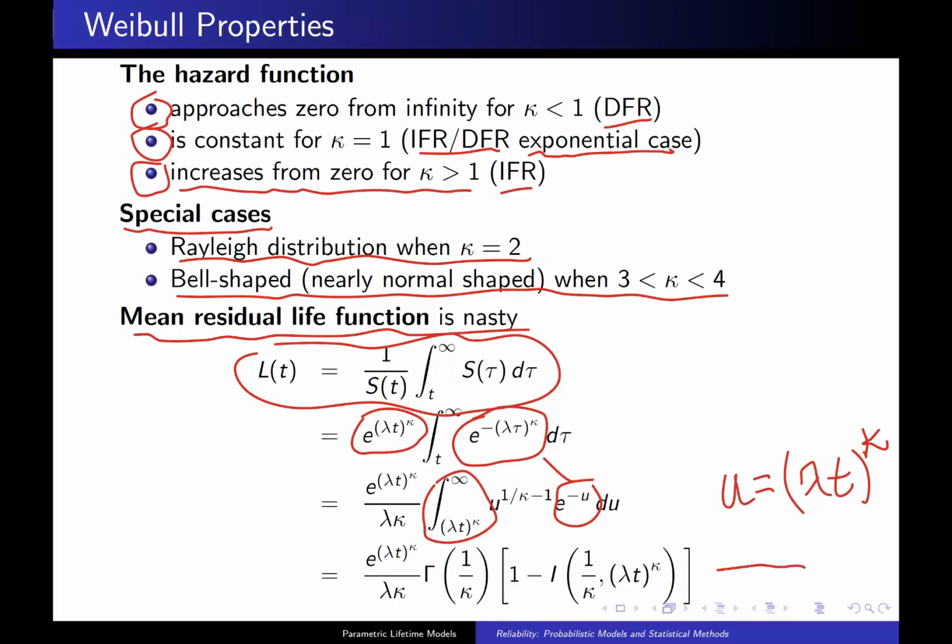So here is an expression for the mean residual life function. In order to compute this, you not only need a gamma function, but you also need an incomplete gamma function to evaluate it for particular values of t, lambda, and kappa.